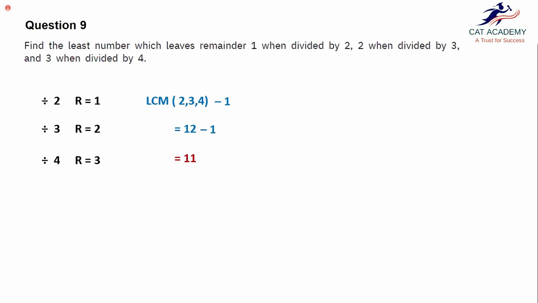Sorry, I said something wrong earlier. The one where the remainder is not constant, the difference will be constant. Usually the questions where the difference also is not constant will not appear in CAT.